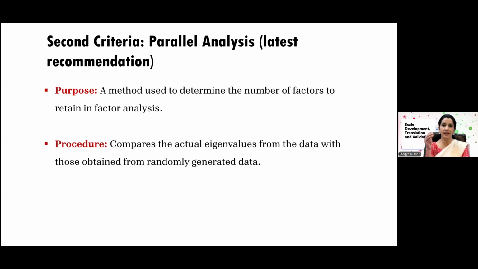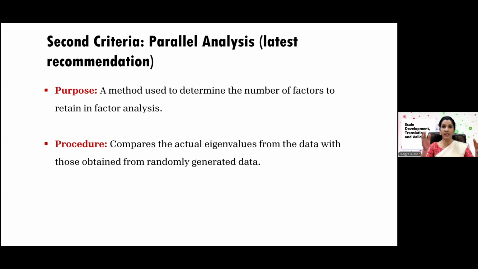Let's say I am performing this EFA on 200 samples. It first takes the initial factor structure on the 200 samples. Then it generates many sets of random data, sorry, by mistake I said random numbers, it is random data, of the same size.